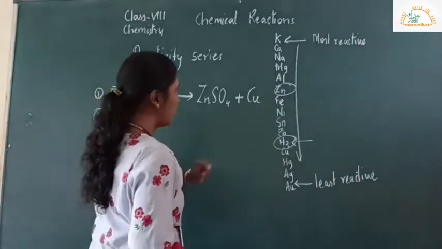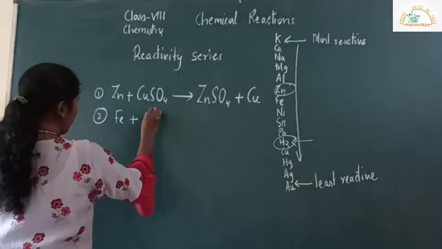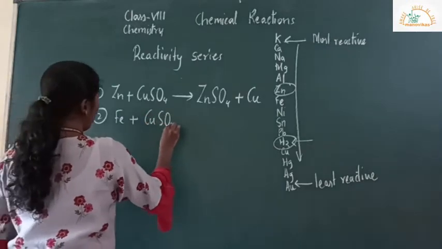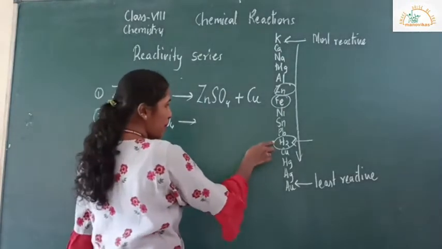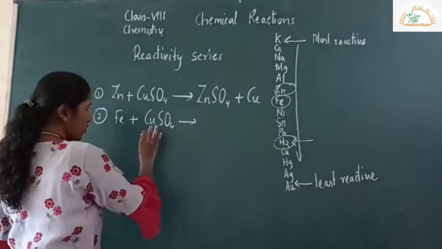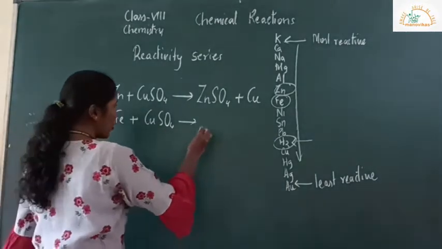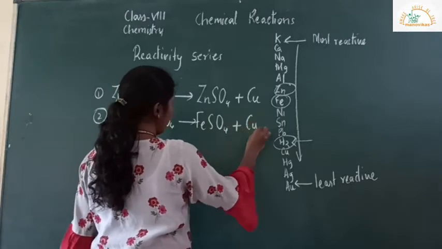If I take iron and copper sulfate, again iron is above hydrogen, so it is most reactive, so it can displace copper from its salt solution. So what I will get is FeSO4 plus Cu.